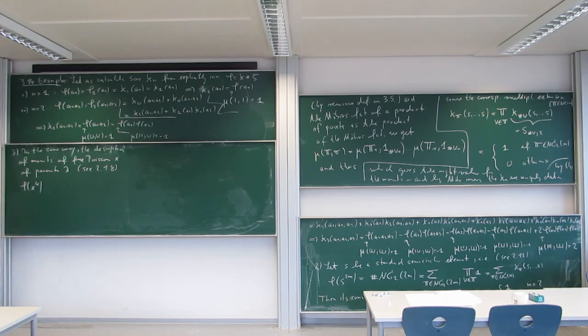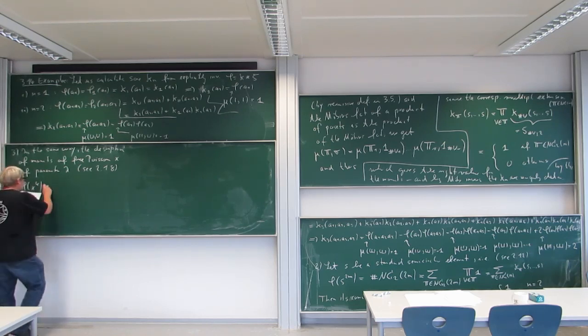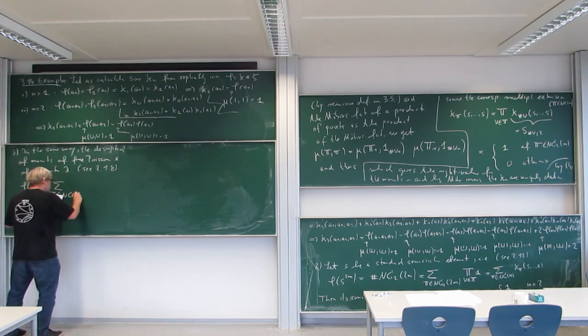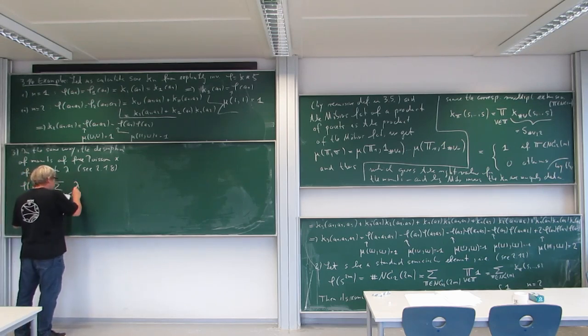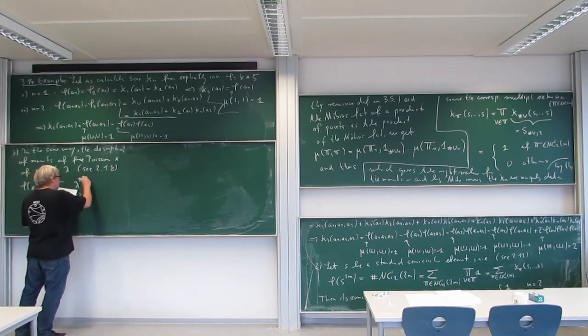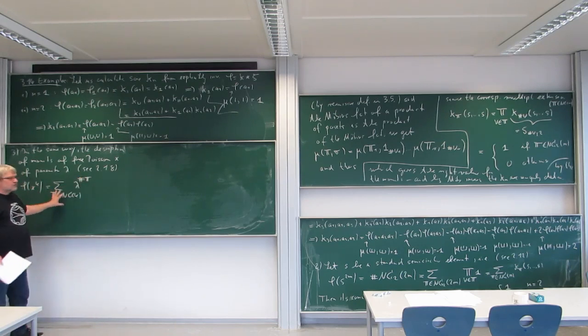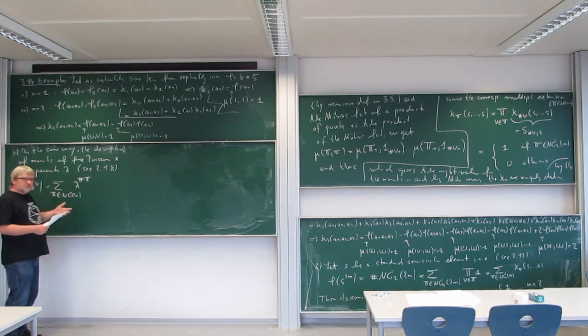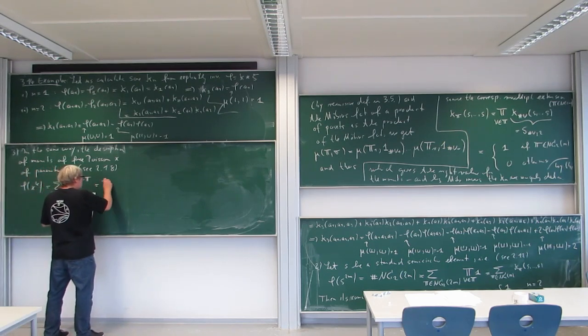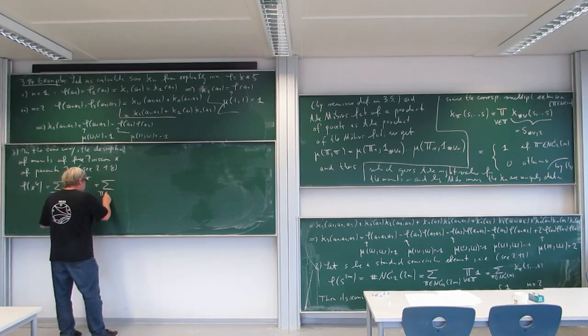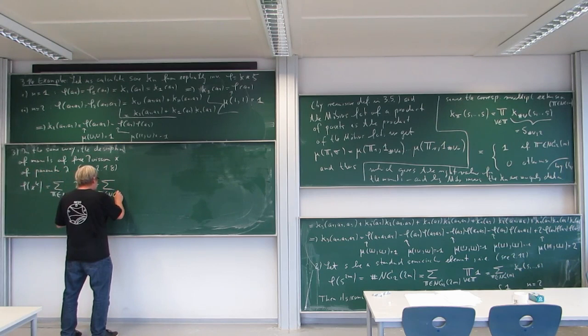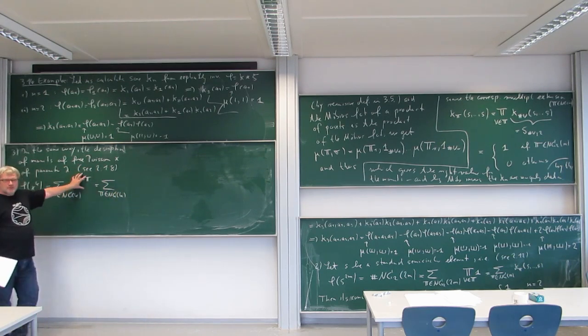So the kth moment of the free Poisson of parameter lambda was given by summing over non-crossing partitions of k, and each such partition pi makes a contribution lambda to the number of blocks in pi. If lambda is equal to 1, then this is just 1, and then we are just counting the non-crossing partitions. But for general lambda, we have contributions like this, but of course you see that this fits now again very nicely with our formulas. So then we have here a sum over NC of k, and this contribution here really is multiplicative in the blocks.